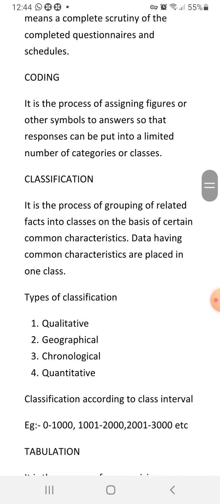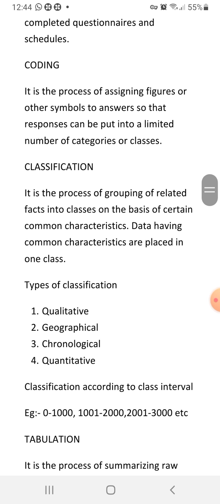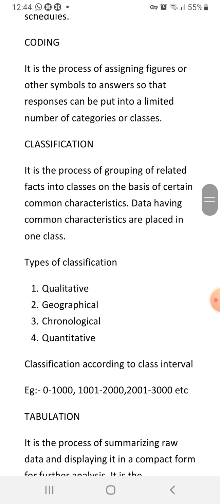Then classification. After the coding, you classify the data. Data of similar nature are put together and make some groups. For example, nature of residence: coastal area, hilly area, then plain area.